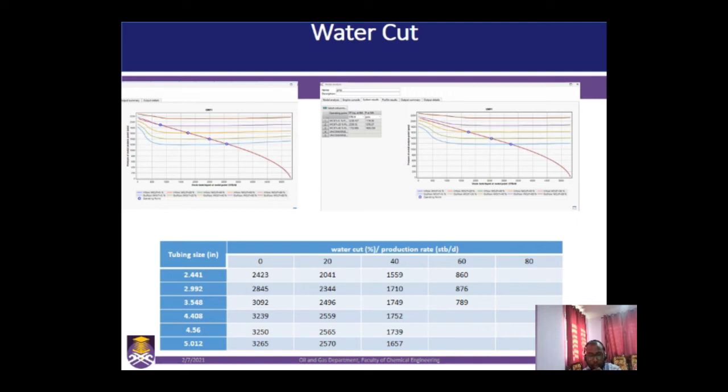And we choose the tubing size for this production is 3.548 because this is the only one tubing size able to operate when the water cut is 60%.